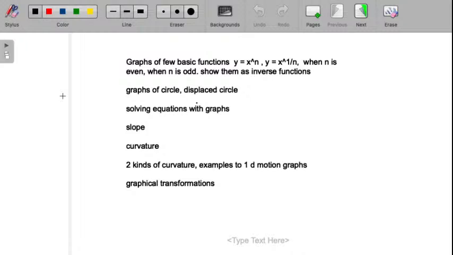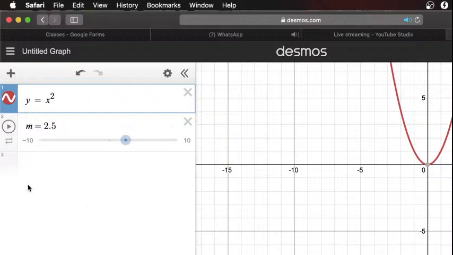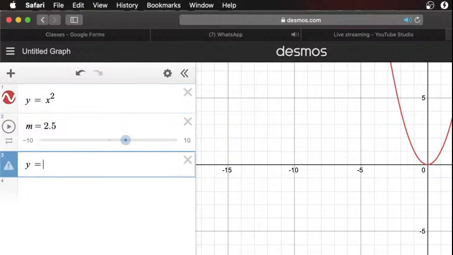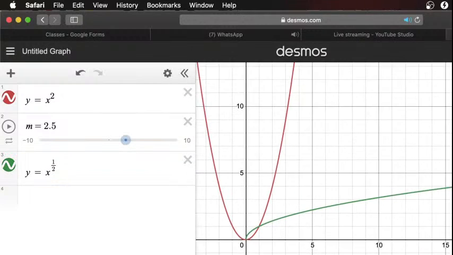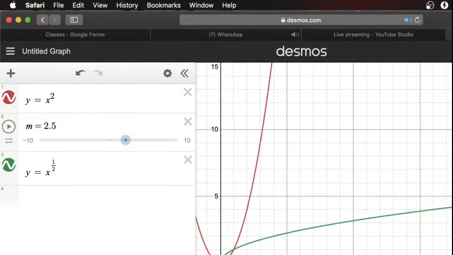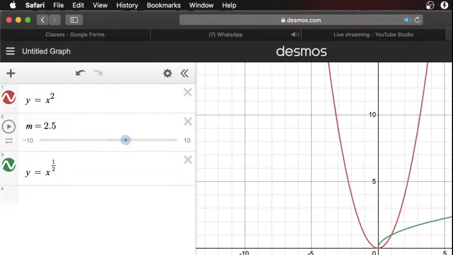Something interesting: if I take a function y equals x square, and add another function, y equals x power 1 by 2, we'll notice that the two functions appear to be like a mirror image about x equals y.